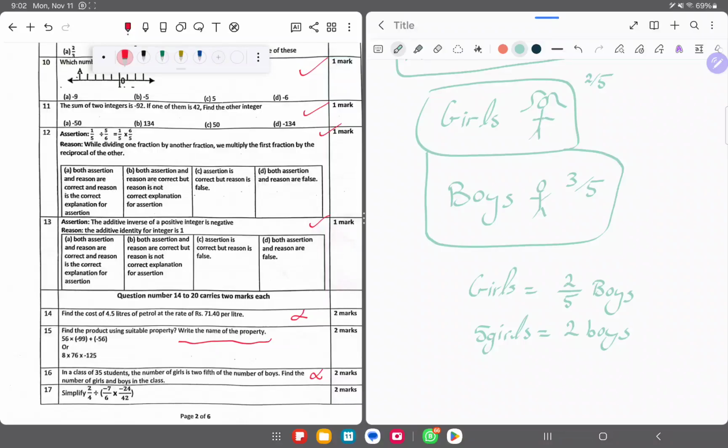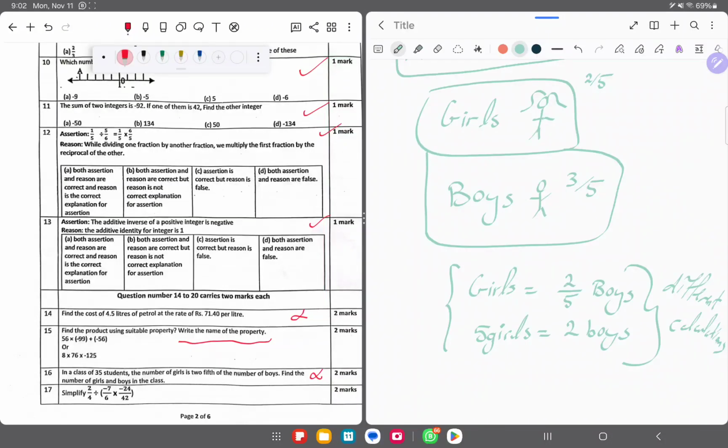Will it be the same as saying 5 girls and 2 boys, these are 7 students, so 2 over 7? No, this is not the same. These have different calculations. So we need to understand this lesson first.